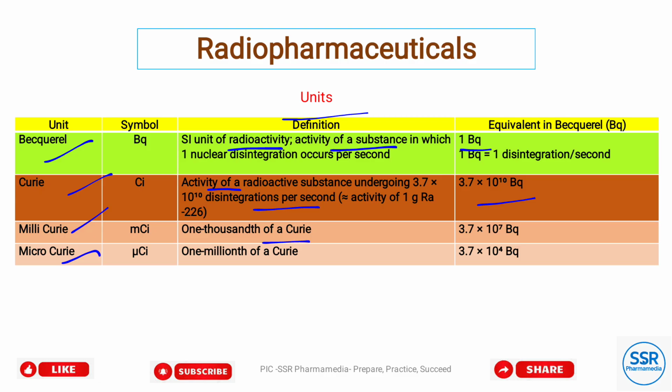Millicurie is one thousandth of a curie, so 3.7 x 10^7 becquerel. Microcurie is one millionth of a curie, so 3.7 x 10^4 becquerel.